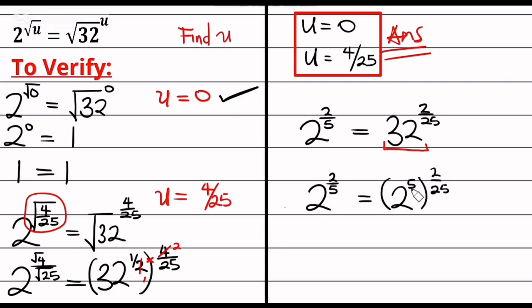According to the index rule, we multiply these powers: 5 goes there, that is 1, and 5 goes there, that is 5. So what we have left is 1 multiplied by 2, that is 2, and 1 multiplied by 5, that is 5. So we have 2 raised to the power of 2 over 5 on the right hand side.